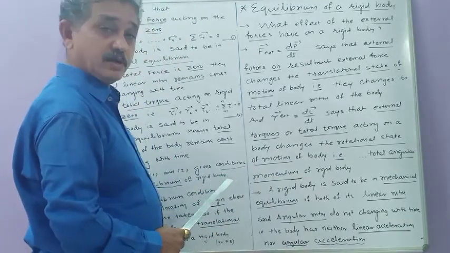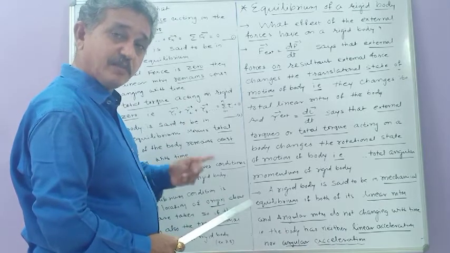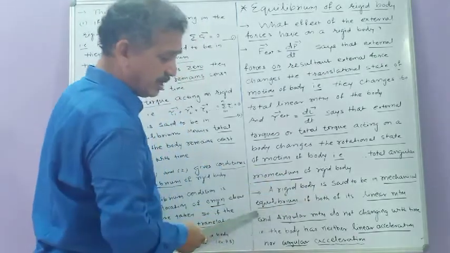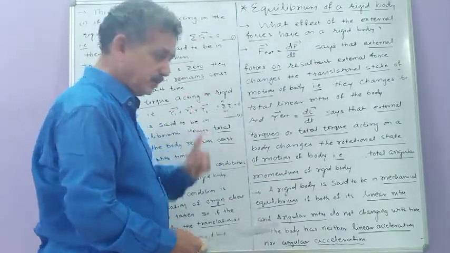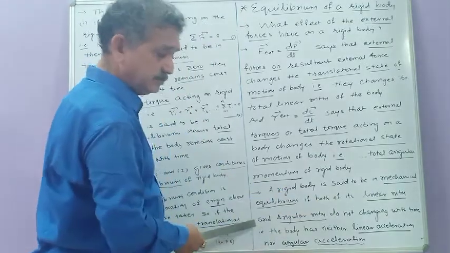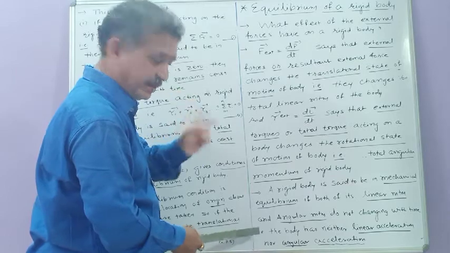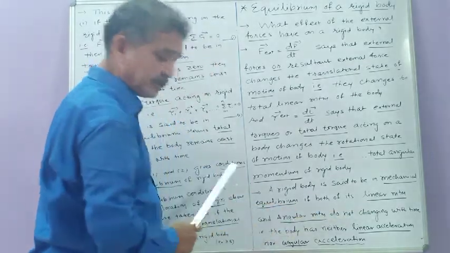Now there are two conditions for a rigid body to be in mechanical equilibrium. A rigid body is said to be in mechanical equilibrium if, number one, the linear momentum of the body does not change with time, and another, the angular momentum does not change with time.